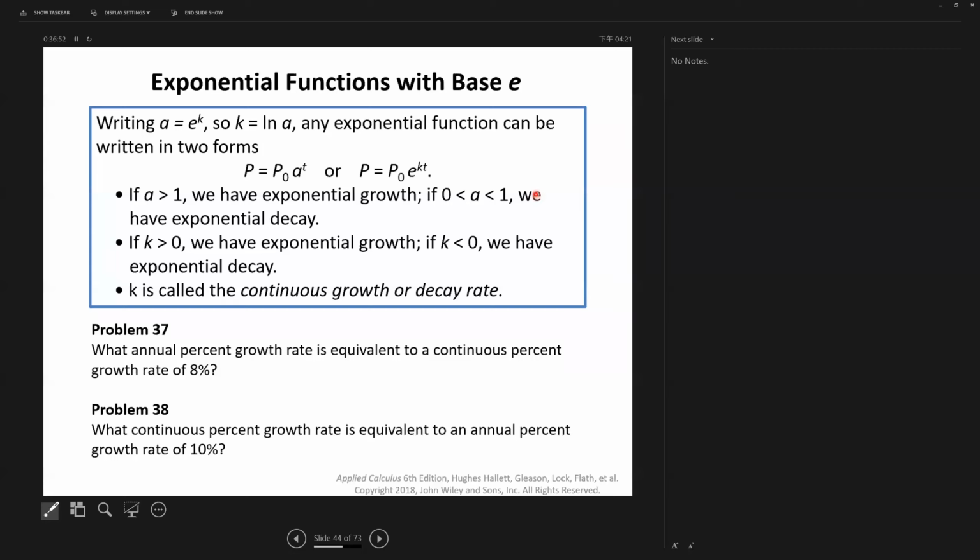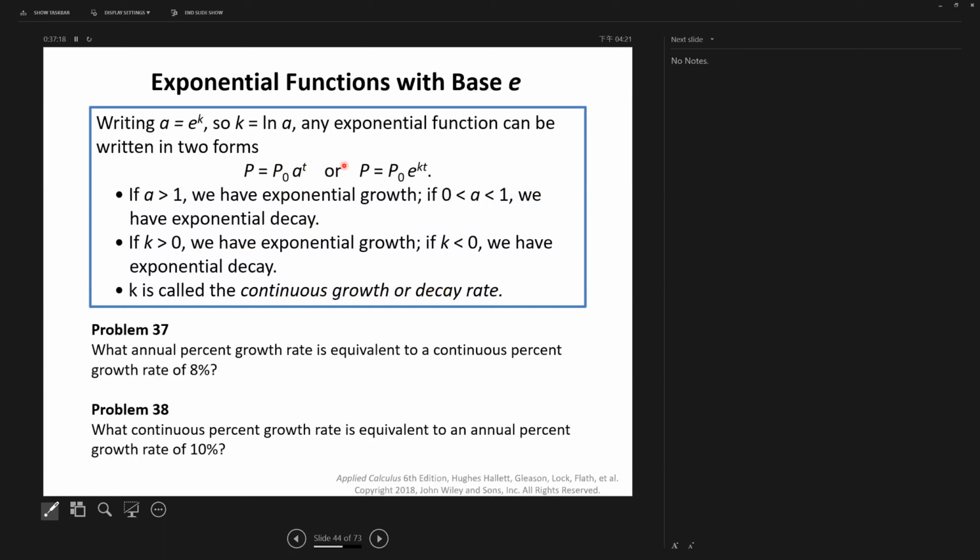All right, so here we are going to look at two different types of growth: annual growth, or continuous growth or decay. Earlier we saw the first one, for an exponential growth or decay, depending on whether it's annual or monthly or hourly or whatever.